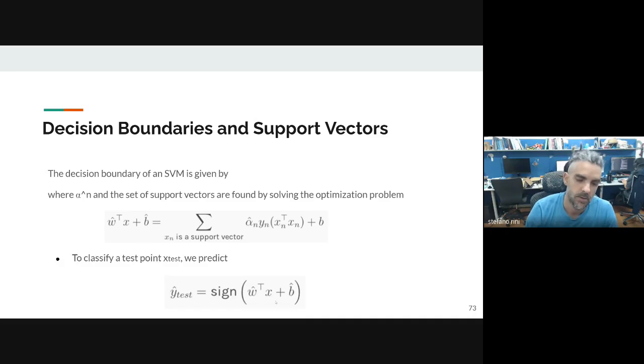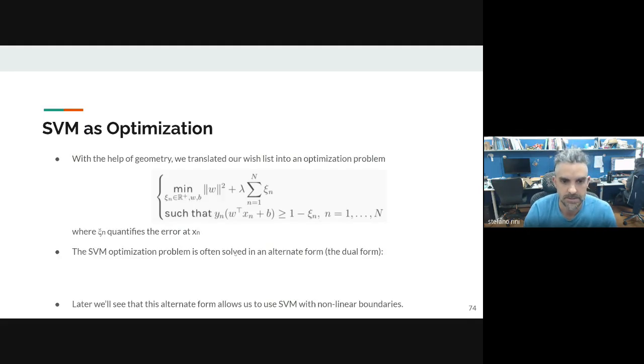Once we have a decision boundary, omega, then if we have to decide whether something was classified as 0 or 1, what we will do is take omega hat transpose x plus b, and we just look at the sign, because the sign tells us if we are left or right of the hyperplane, and this tells us whether the label is 0 or 1. Of course, here the sign operator will output -1 and +1. If the labels are zeros and ones, then we have to add 1 and divide by 2. You understand the logic?